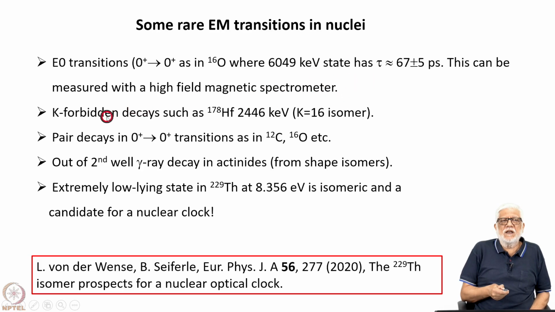Then there are these K forbidden decays. K is the projection of the angular momentum along the symmetry axis, that we saw as omega, but sometimes the K symbol is also used for that. If you have a state which has a very high K and the nearby states have a very different K, then you have hindrance in the decay, and so the lowest such high K state can be isomeric.